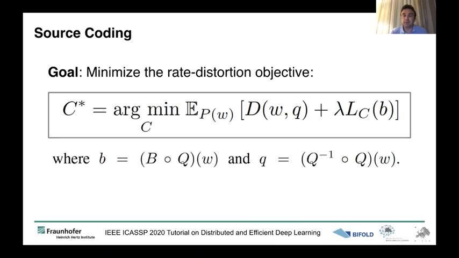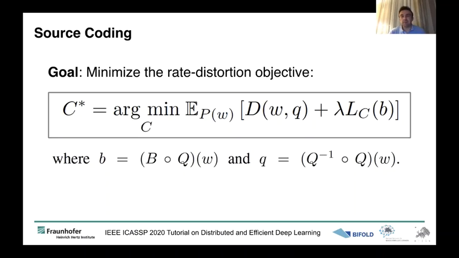At the same time, the distortion between the original value W of your signal and the reconstructed one, Q, is minimal. So the distortion between these two should be minimized.